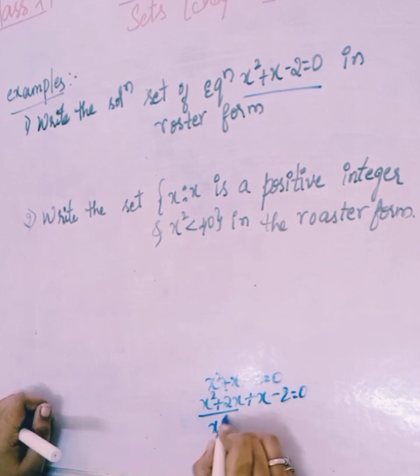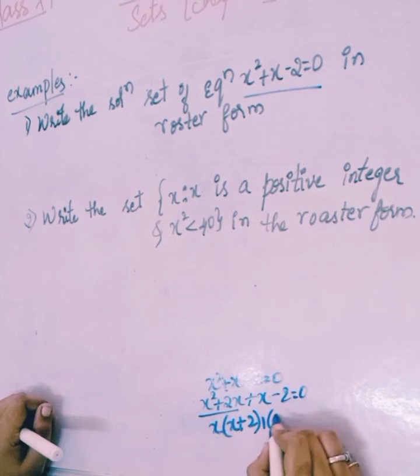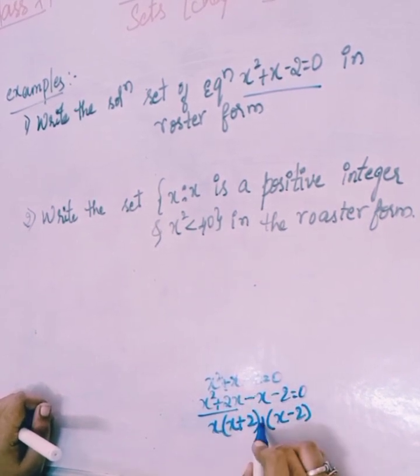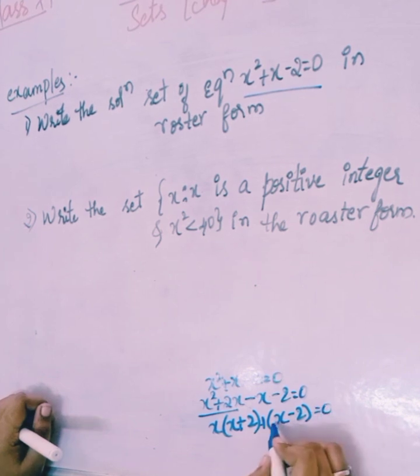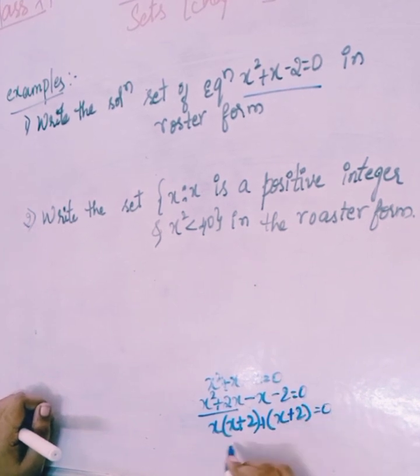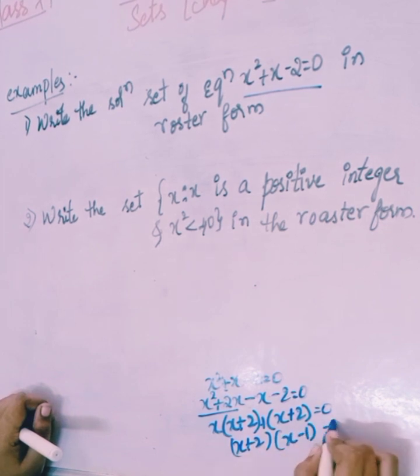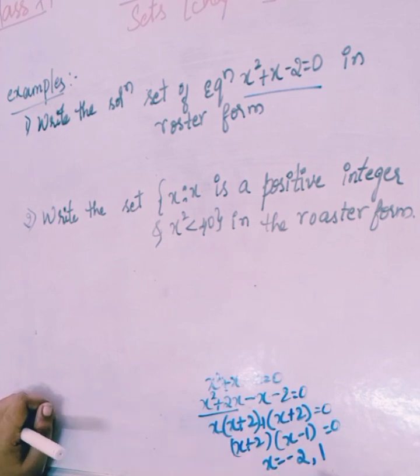We'll take x common, then we'll get x plus 2. Here we'll take minus 1 common, so I'll get x plus 2, x minus 1. So x is equal to minus 2 and 1. So we are getting the roster form, that is minus 2 comma 1.